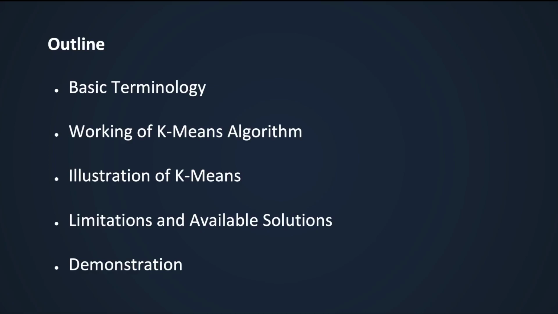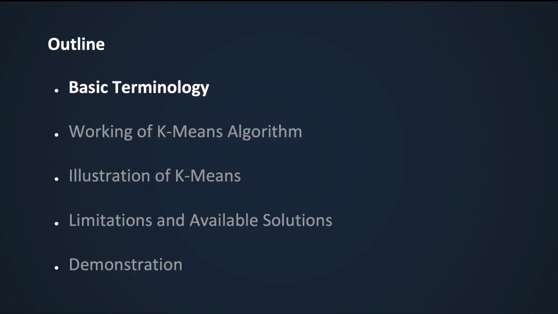Later, using a sample dataset, we illustrate the working of the k-means algorithm step by step. Next, we discuss the limitations and the solutions presented to address them. Finally, we provide the demo of the k-means algorithm using the real-world air pollution data.